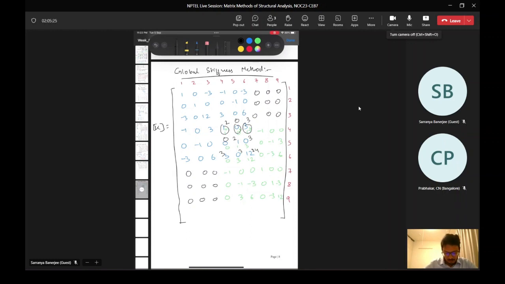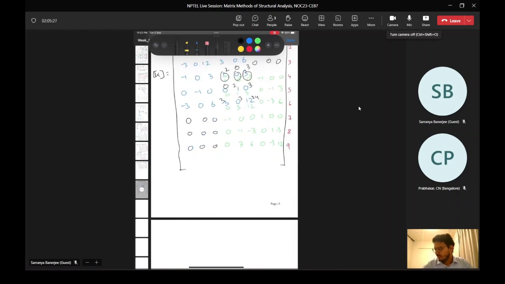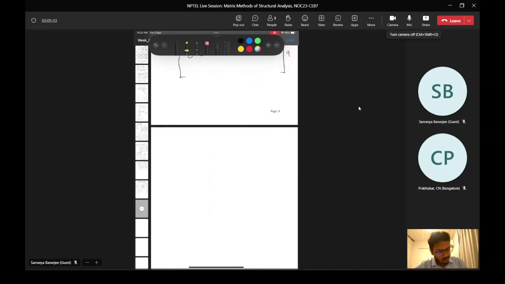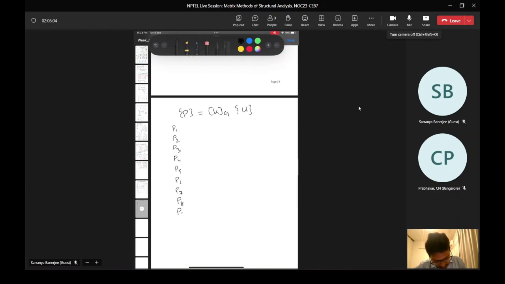So that was all. Now comes the important part. We know the load vector equals k global into the displacement vector. The load vector is p1, p2, p3, p4, p5, p6, p7, p8, p9.